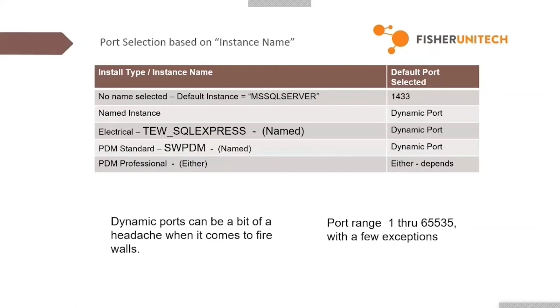However, if you make a named instance and give it some other name, any name at all, it will go with a dynamic port. That's going to be a port somewhere between 1 and 65,535, minus a few exceptions that are reserved for certain things.